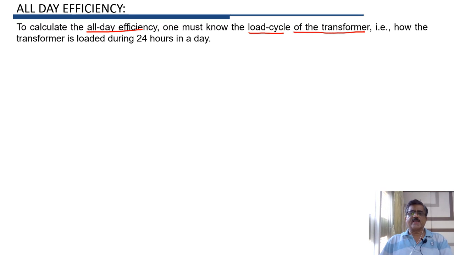Now the load cycle is nothing but the variation of load on transformer during a day or during a period of 24 hours. So if this data, that is how the load on transformer varies during a day or during a period of 24 hours, is available, you can calculate the all day efficiency.